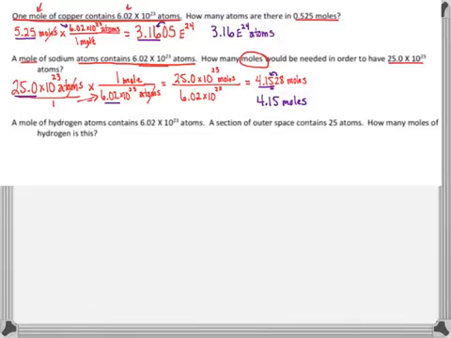All right, the next problem says a mole of hydrogen atoms contains 6.02 times 10 to the 20. I'm sorry, yes, a mole of hydrogen, 1 mole, contains 6.02 times 10 to the 23rd atoms. A section of outer space contains 25 atoms. How many moles of hydrogen is this? So it's very similar to the previous question. Our given is 25 atoms.